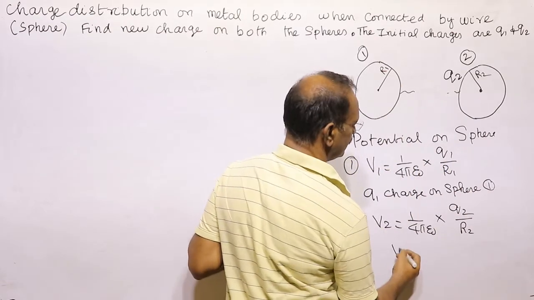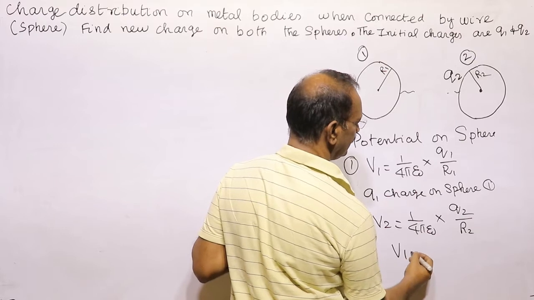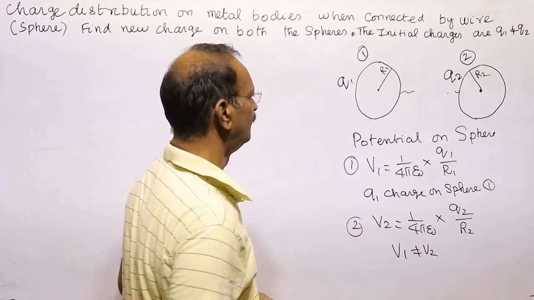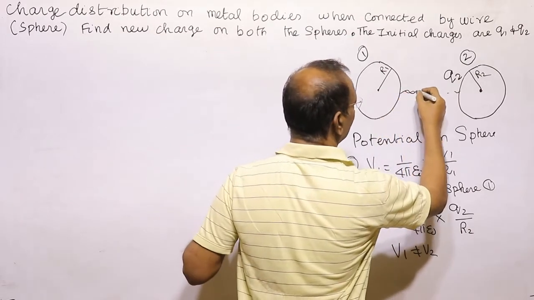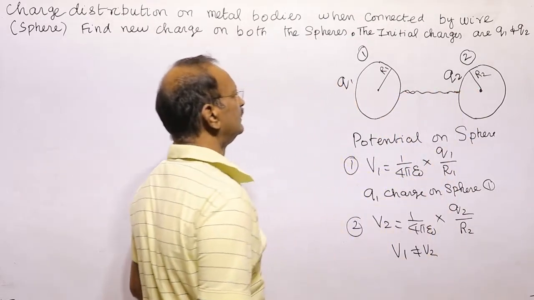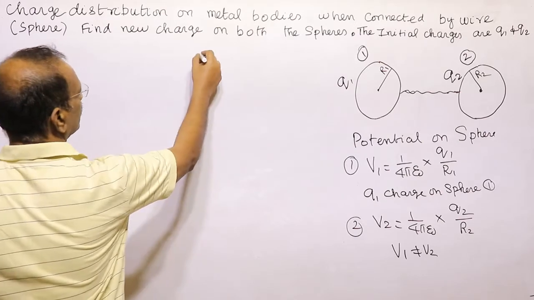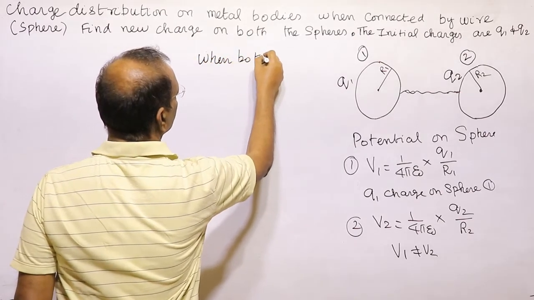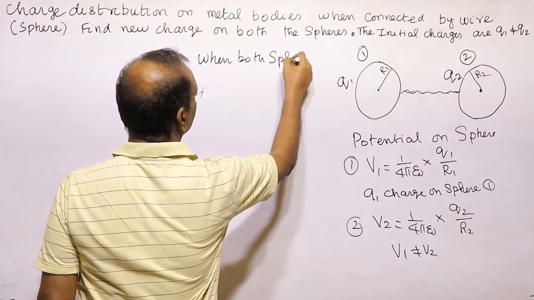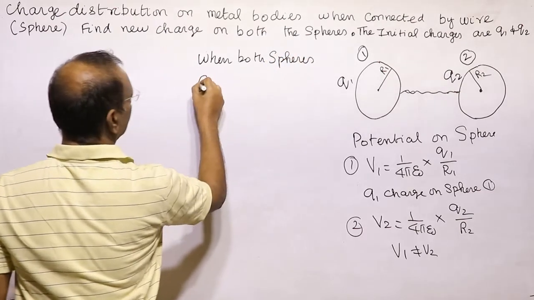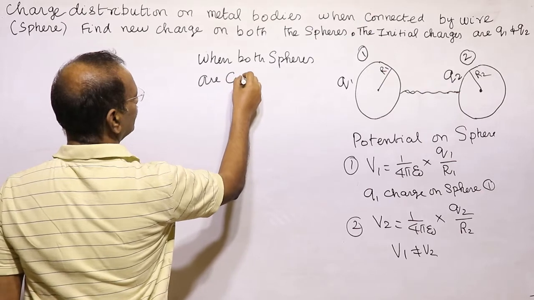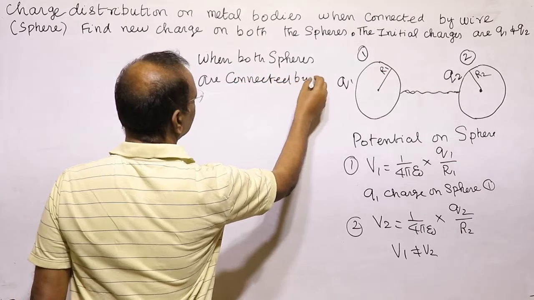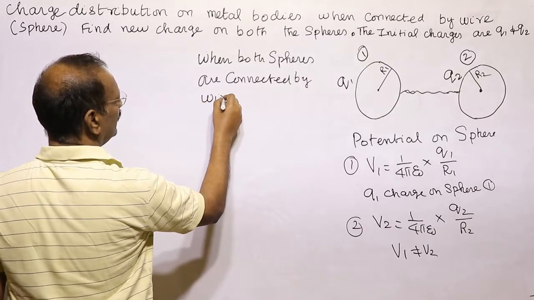Now, since both have different charges, V1 is not equal to V2. In this condition, when both the spheres are connected by a conductor wire, what will happen?